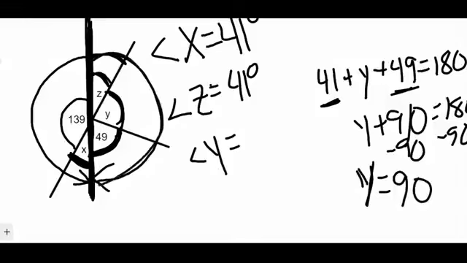So we're taking the 180 and subtracting the 49 that we know and the Z that we know, and it leaves us with that missing piece of Y. So we now know that angle Y is a total of 90 degrees. By using supplementary angles and vertical angles, we are able to fill in the missing pieces. Otherwise, that is it for this video.